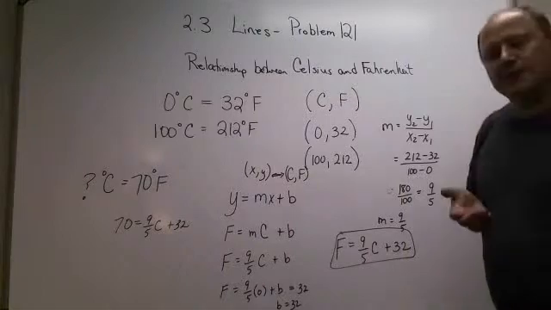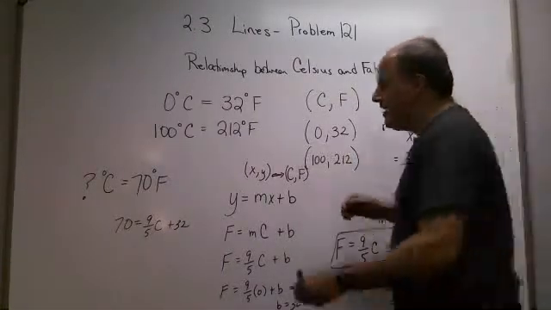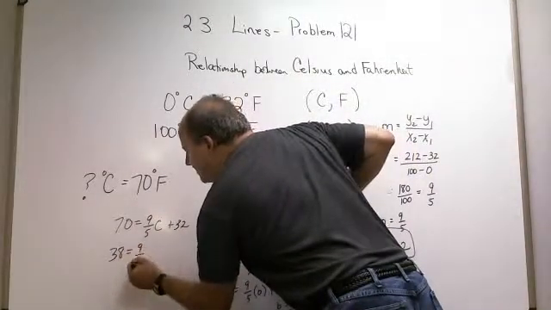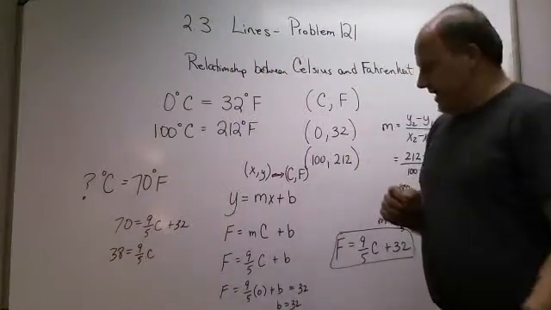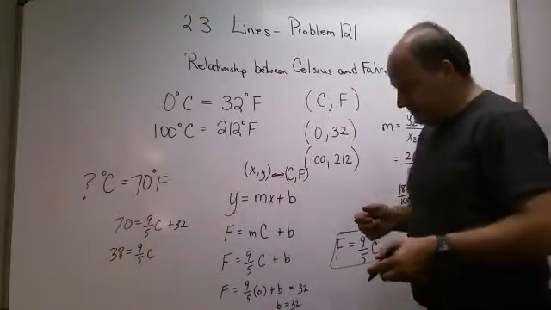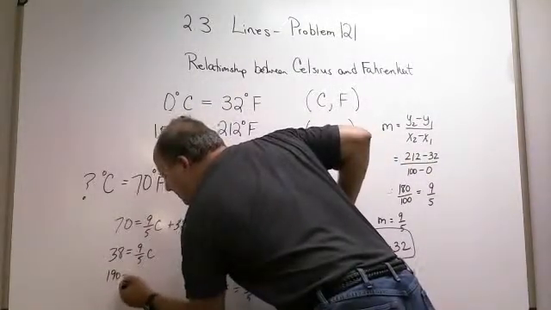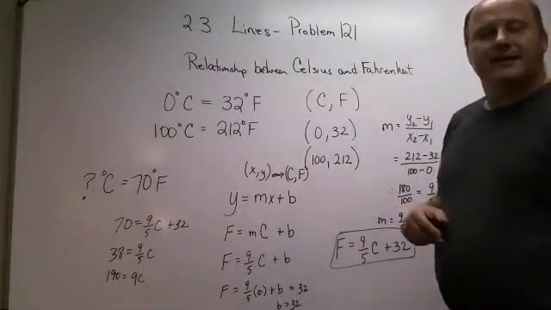Probably the easiest way to do this problem is to subtract 32 to the other side, and you get 38 equals 9/5 C when you subtract 32 from 70. And then multiply both sides by 5, and I believe that's 190 equals 9C.